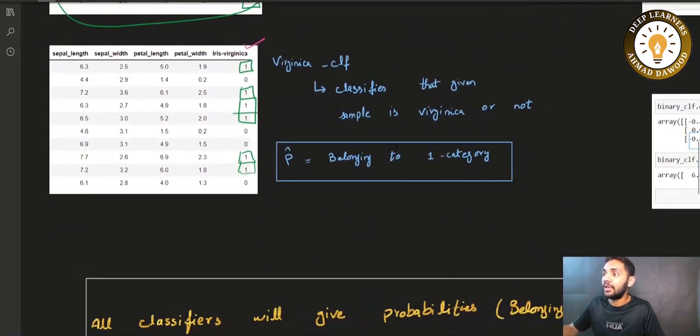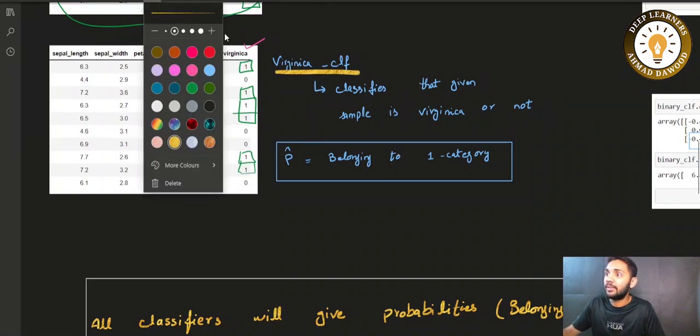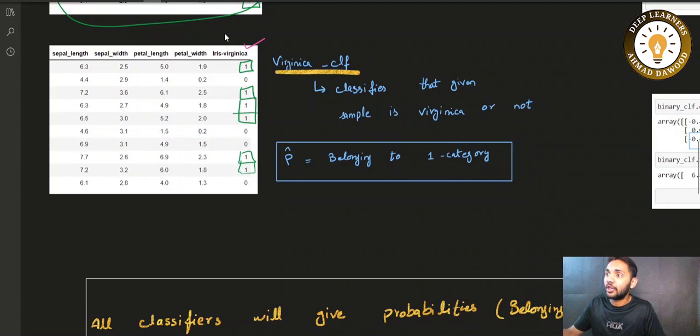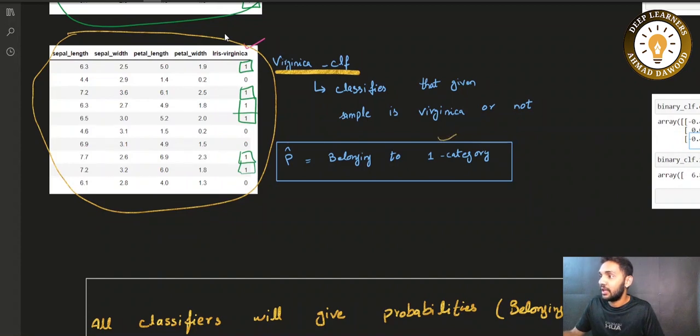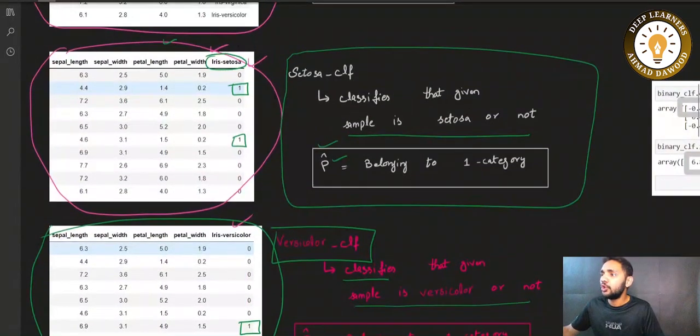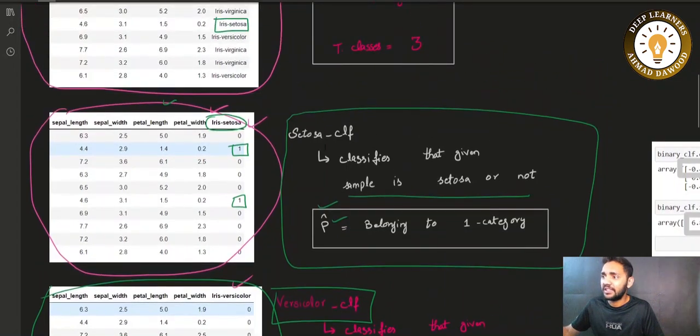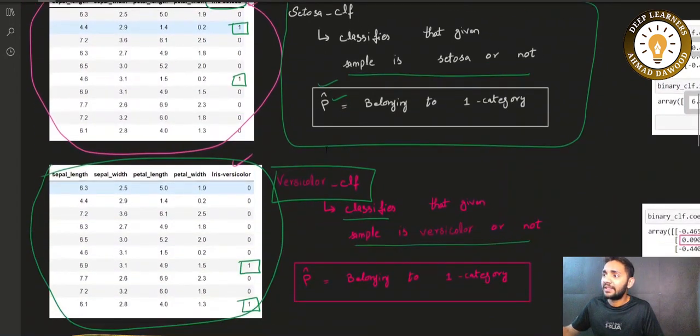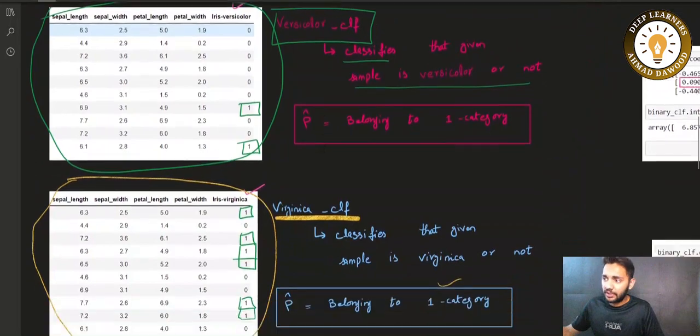Okay. Third will be for virginica. So it is able to classify whether the given sample belongs to the virginica category or not, and it will be trained on this type of binary data set, and this probability will be for belonging to the virginica category. Okay. So here you got an idea that these are three classifiers, and they will give three probabilities.